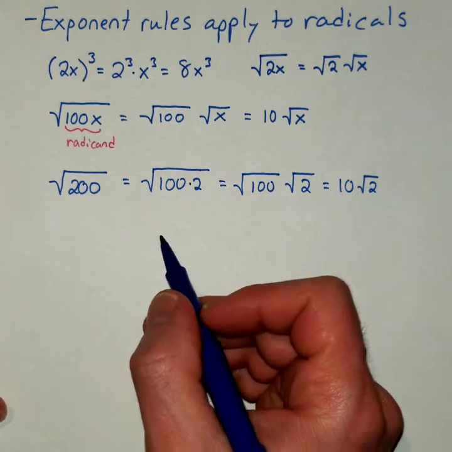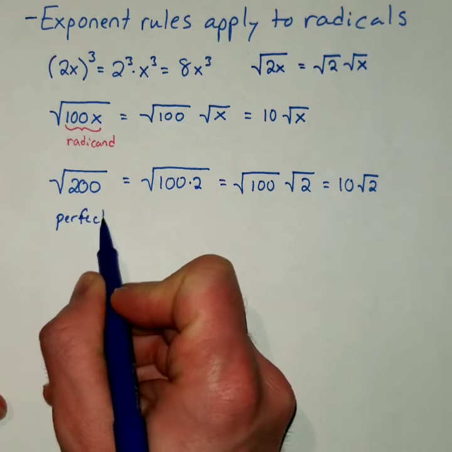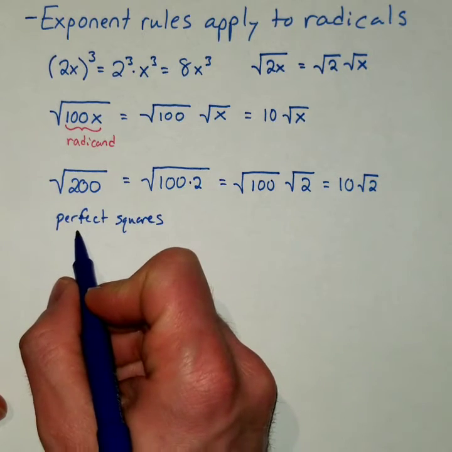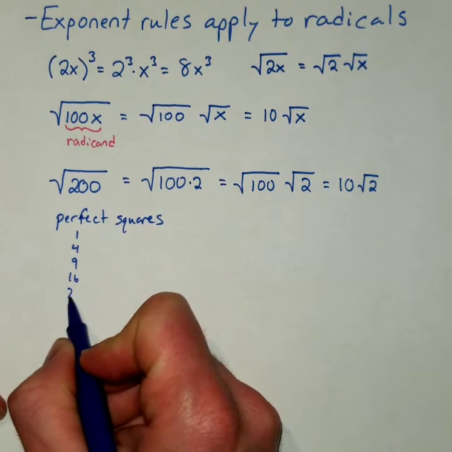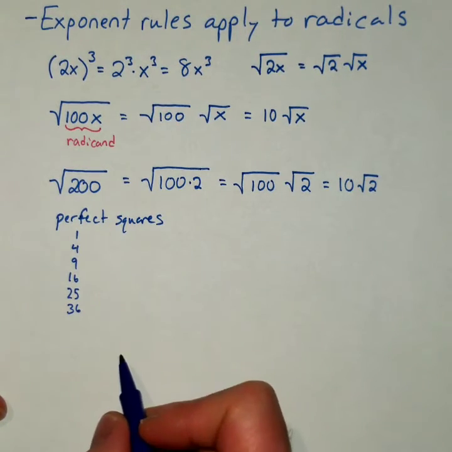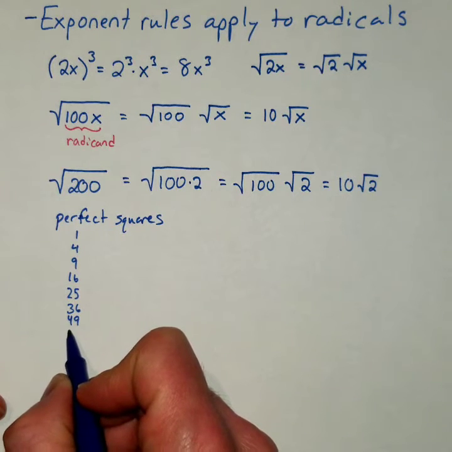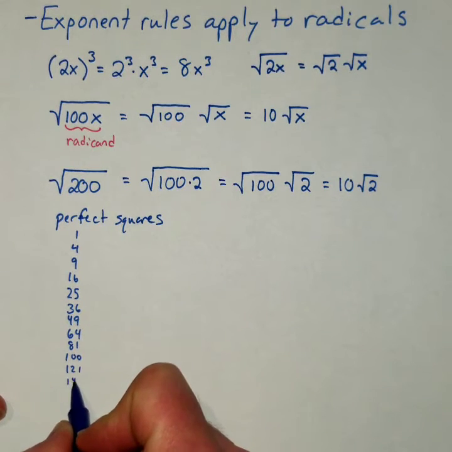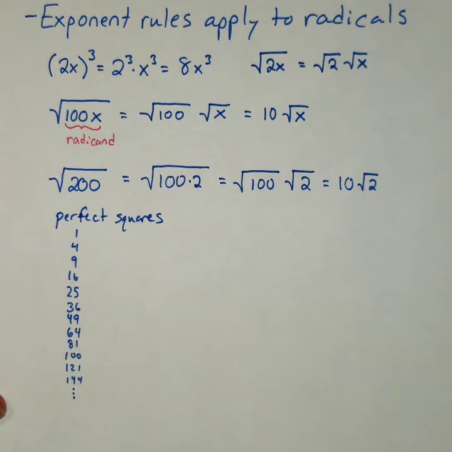If you think about the perfect squares, the perfect square numbers are numbers like 1, 4, 9, 16, 25, 36, 49, and that's 7 squared. 8 squared is 64, then 81, 100, 121, 144, and so on, right? You keep going: 169, 196, 225. And so these are the perfect squares.